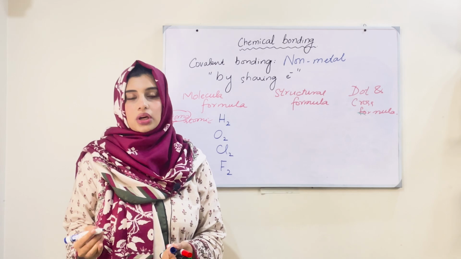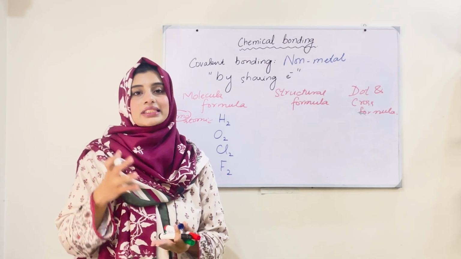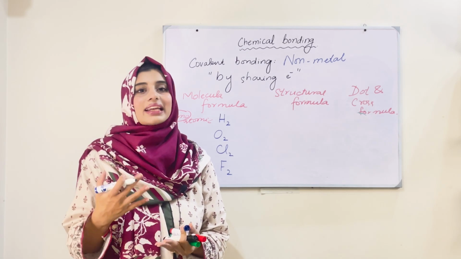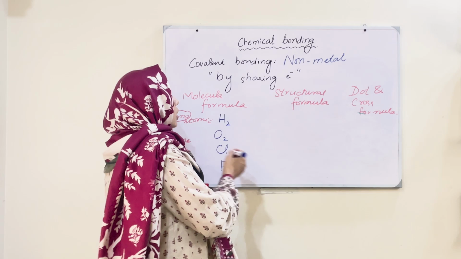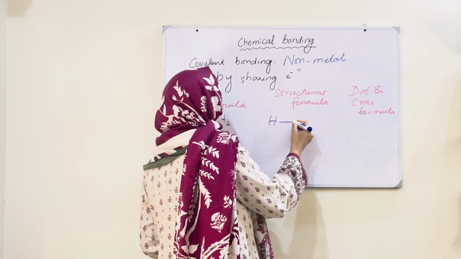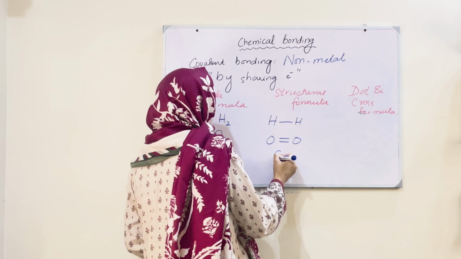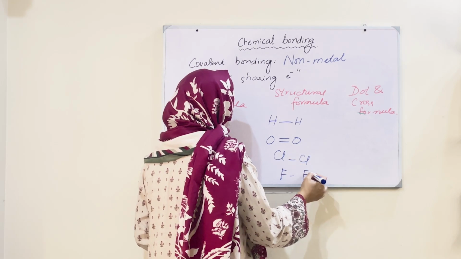The elements which exist in the form of diatomic molecules and are also the same element, that is called homoatomic. Homoatomic and diatomic, we can use both of these terms for them. So the hydrogen structural formula will be this. Oxygen will have a double bond, chlorine will have a single bond and fluorine will also have a single bond.